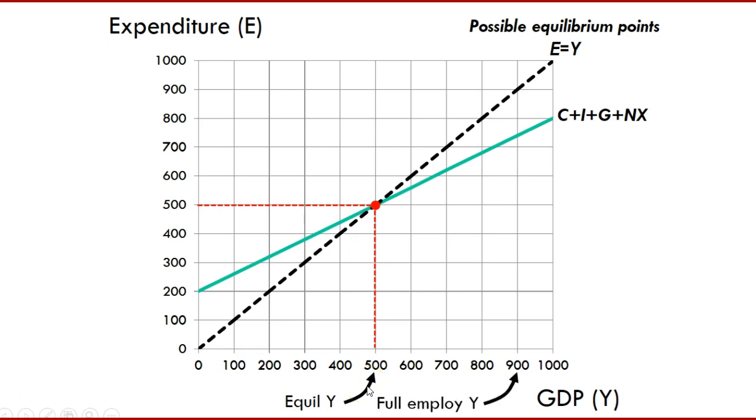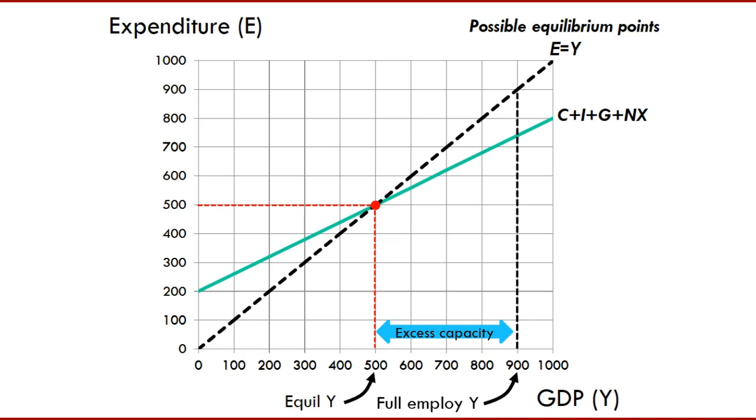But let's say that the full employment level of real GDP, the level at which GDP would have to be in order for there to be no unemployment, is 900. So we say the economy has excess capacity.